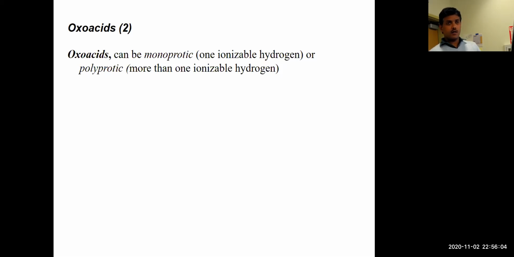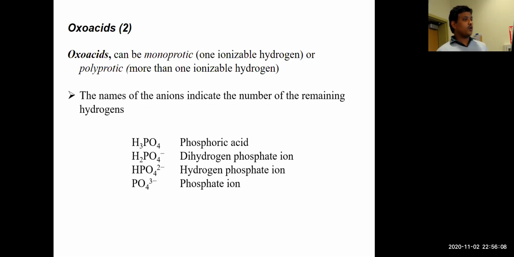Other less popular oxoacids we can call monoprotic or polyprotic. These have common names we have to remember, like phosphoric acid, dihydrogen phosphate ion, hydrogen phosphate ion, and phosphate ion.